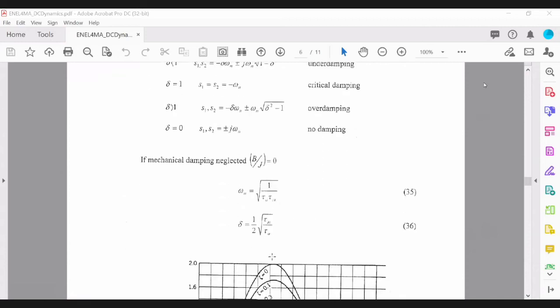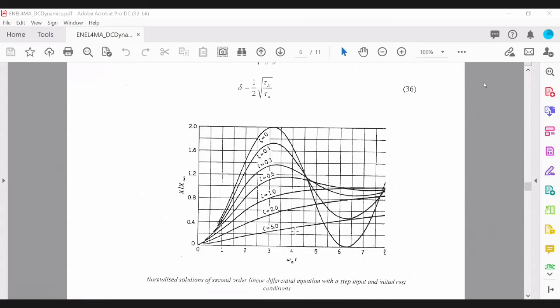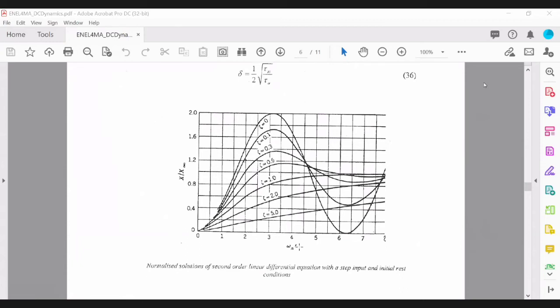This is the normalized solution for second order linear differential equations, which you have studied in your engineering maths. It shows the normalized solution you get when you apply a step input to a second order system.